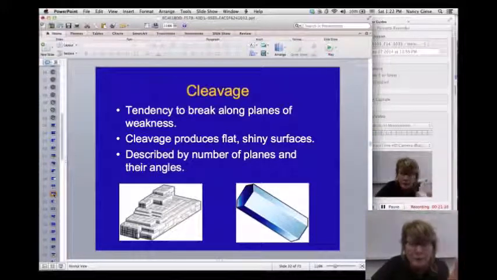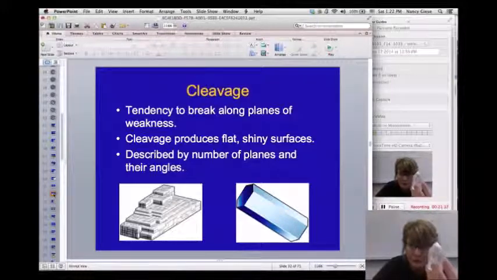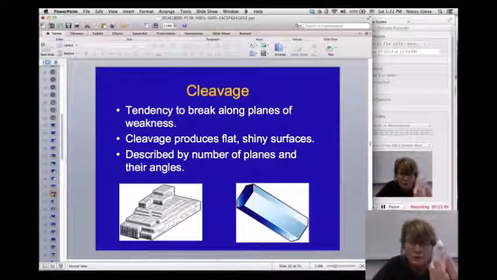But what would happen if I took a hammer and broke this piece of quartz? Will it still look the same? And the answer is no, because quartz does not display cleavage, meaning that when I break quartz, it doesn't break in a systematic way along planes of weakness.